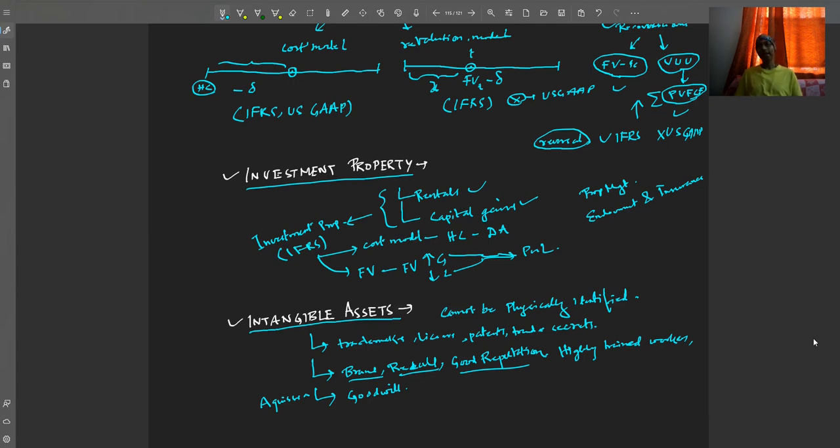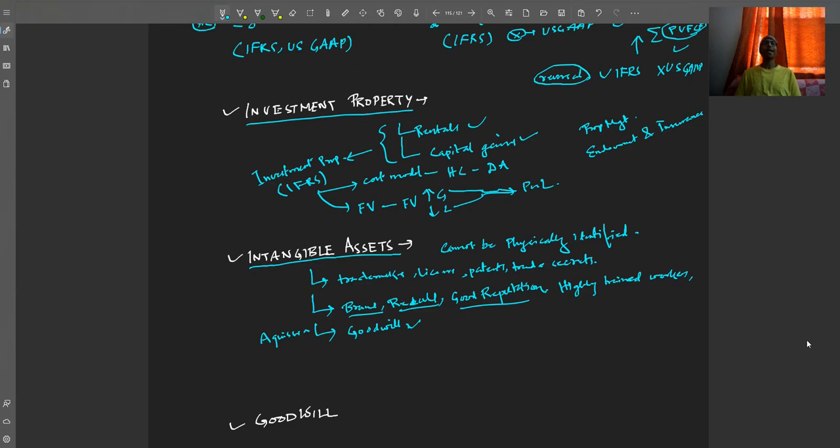But when you are acquiring a company which has these kinds of extra advantages, you may have to pay for it. And when that amount is not covered under the physically identifiable asset amounts, you create a separate asset which is called goodwill.